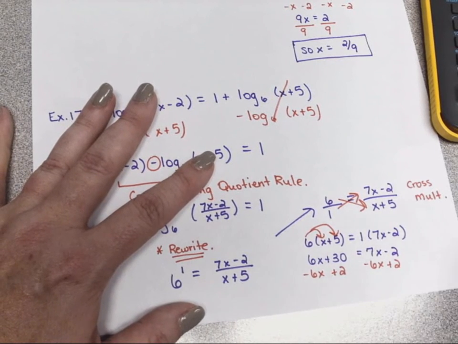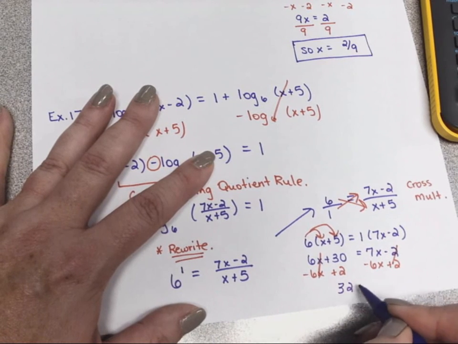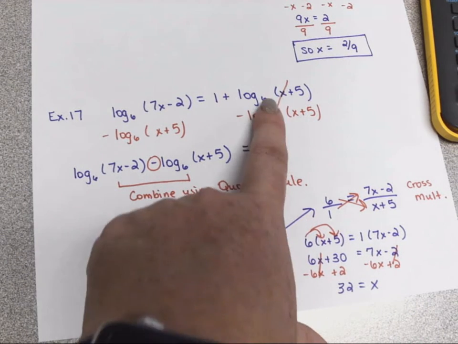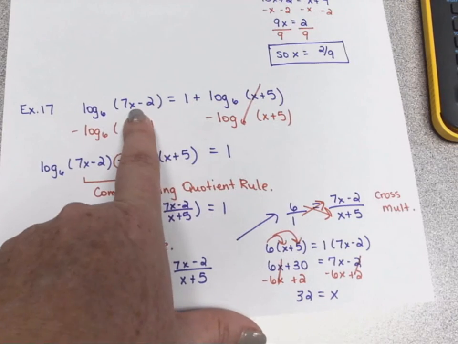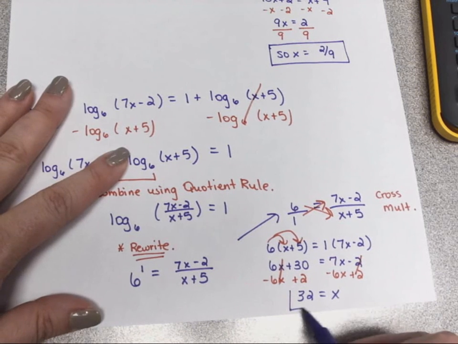So what you'll end up getting, these will be gone, and you'll end up getting 32 equals x. So before I circle it, I just need to go back and make sure I don't get what kind of log. A negative, right? That one's going to be fine. That one's going to be fine. I'm not going to get negatives either way. So it looks like my answer of 32 is legit, right? So I'll go ahead and circle it.